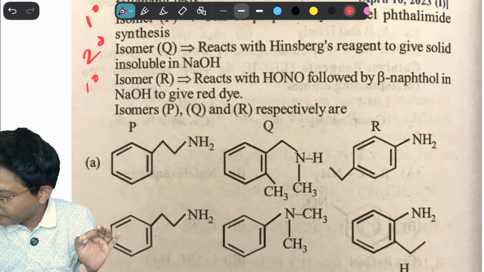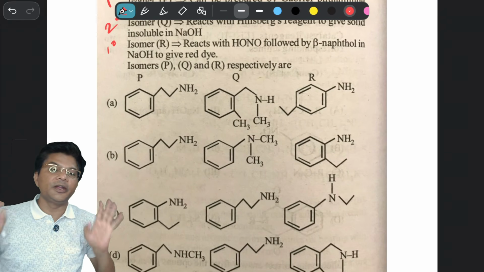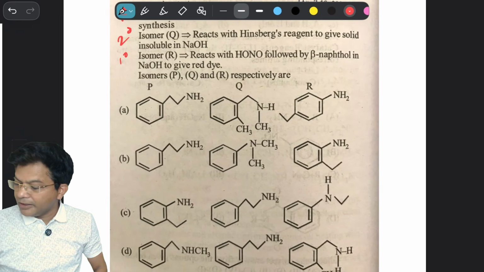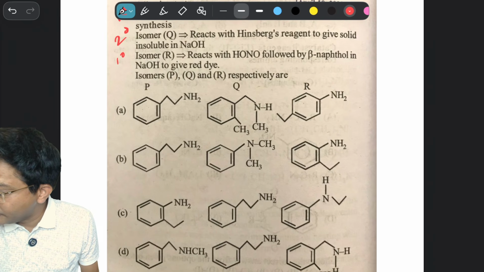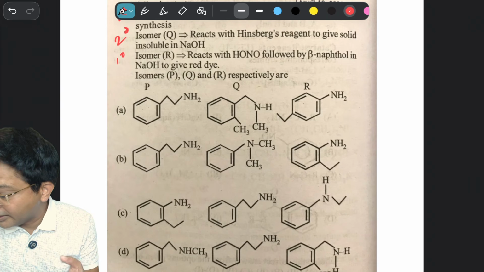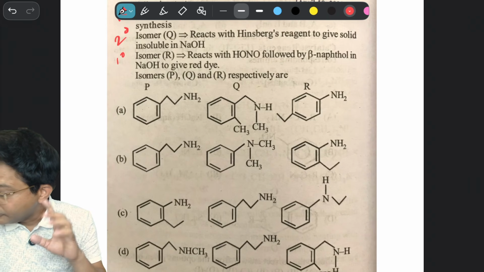Now 1 degree, 2 degree, 1 degree. Brother, search out for the option. This question is going to be very crazy. Now see, 1 degree, 2 degree, 1 degree, 2 degree, 1 degree. I think A can be the correct answer.